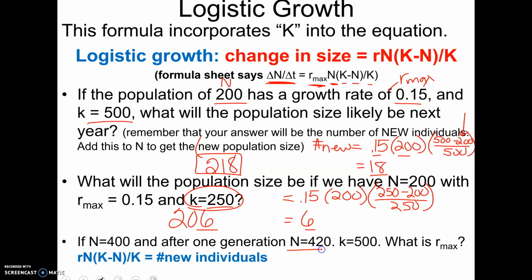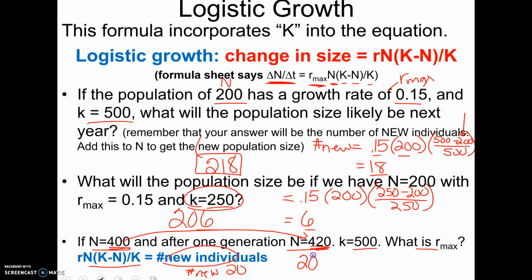All right, this last problem, I saw one like this on an AP exam. So they give you N before and after and K, and they want R max. This is a little bit harder. So remember, this was our formula. So first of all, how many new individuals did we have? We have 420, and we started with 400. So the number of new individuals must have been 20.